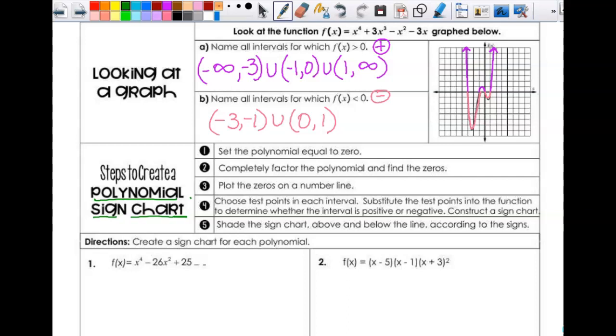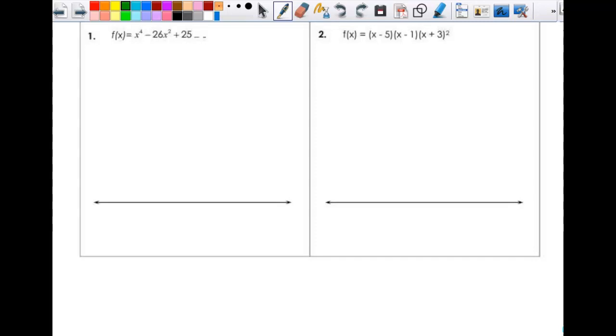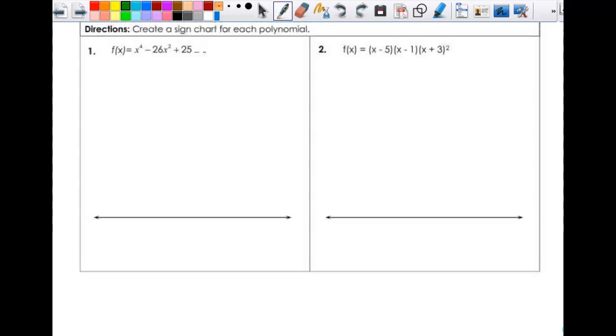All right, so let's look at number 1. I've got some extra lines after the 25 for no good reason, but I've told you before my fraction bars disappear a lot. These are probably some that ran away and ended up here. So there's my polynomial. I'm supposed to set it equal to 0 and factor. So I'm going to do that all in one step here.